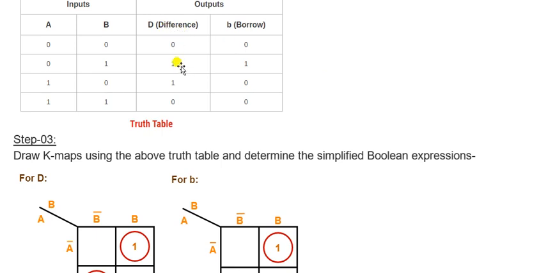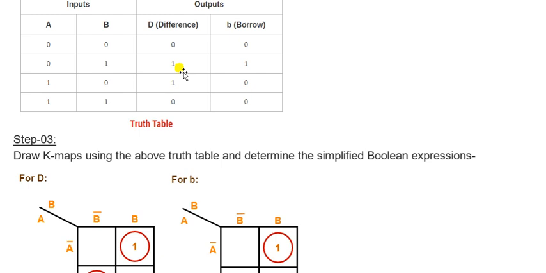So by looking at these min terms, I can say that D equal to A bar dot B plus A dot B bar.